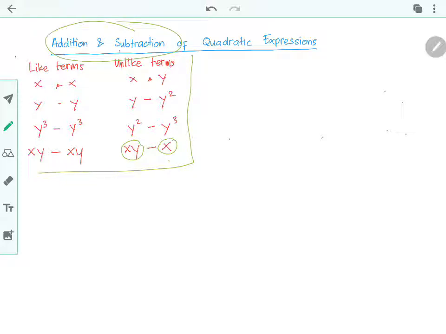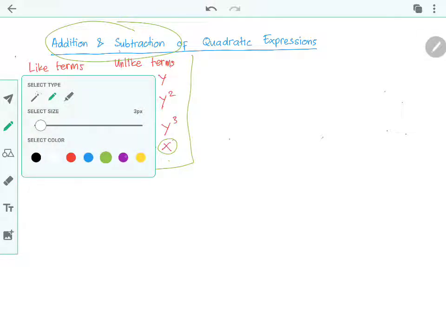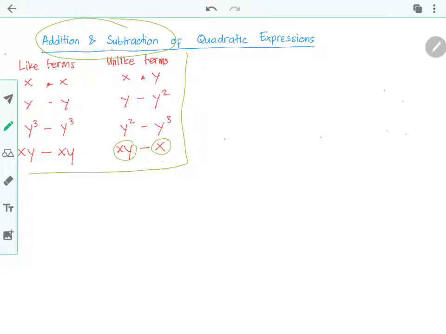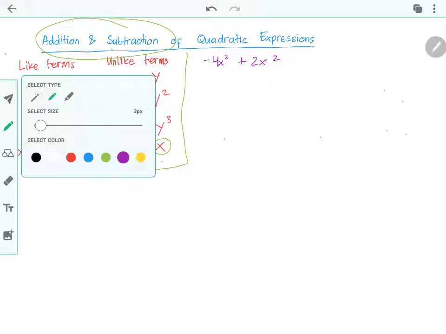of a quadratic expression. Now I'm going to take the example from the practice now, page 075. Let me change colors here. Let's say if I have minus 4x squared plus 2x squared. Now look at this.